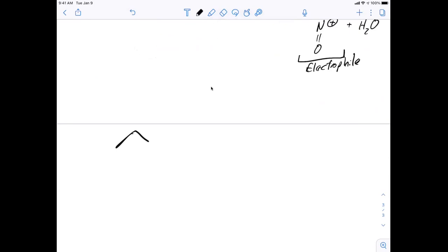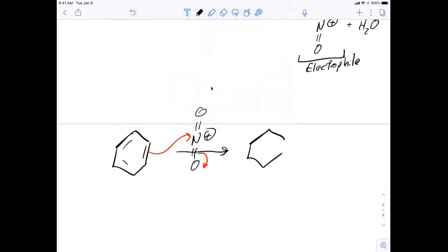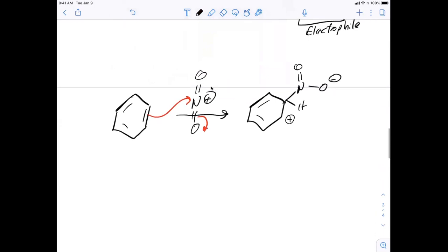That then reacts with my aromatic. So my aromatic group, we've got our alkene, the nucleophile attacks that electrophile, electrons go down to the oxygen. And then here again, we've broken up the aromaticity.